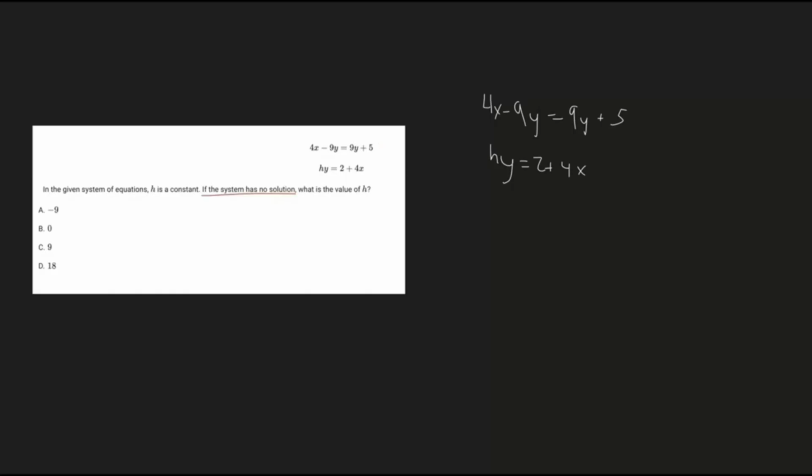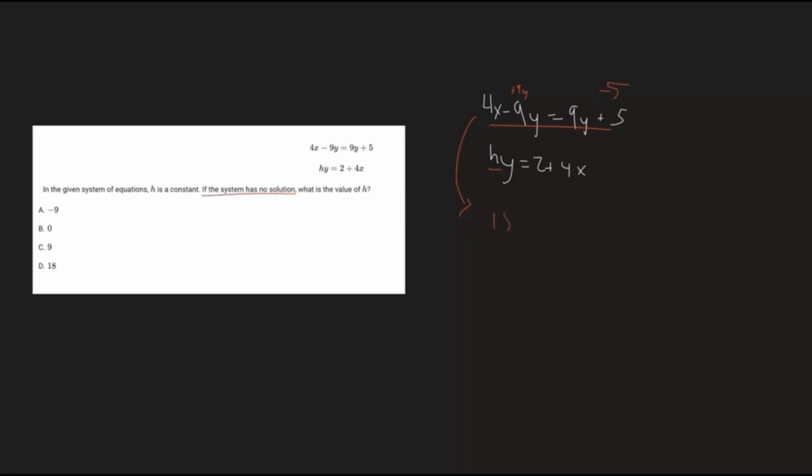So in order to find the corresponding value for the constant h, what we need to do is first put these equations into slope-intercept form. So the top one right here, what we can do is add 9y to both sides, and then we want to subtract 5 from both sides, just so we can isolate for y.